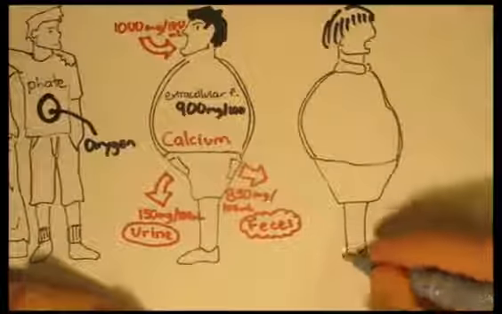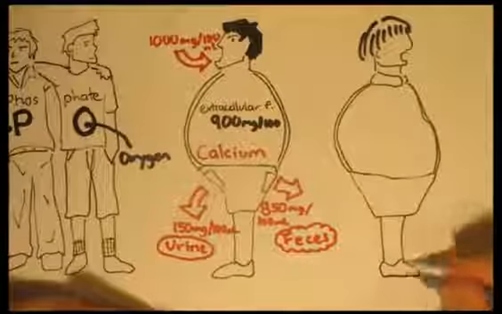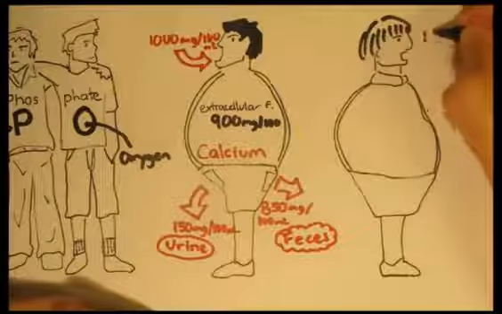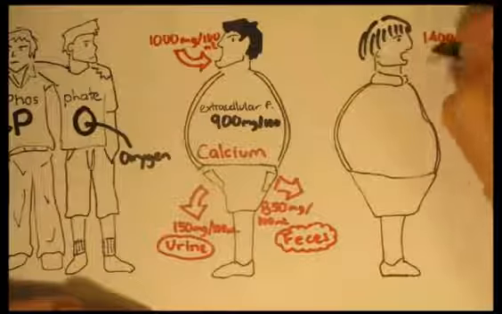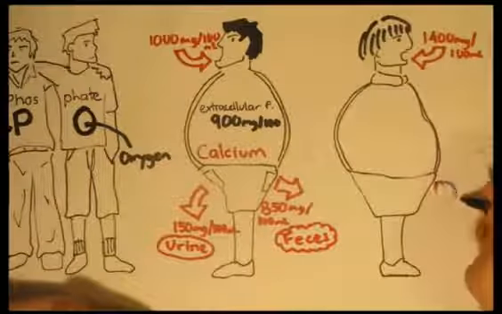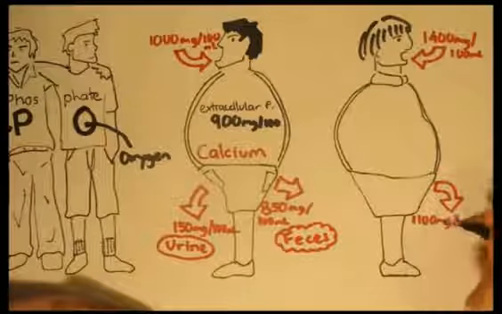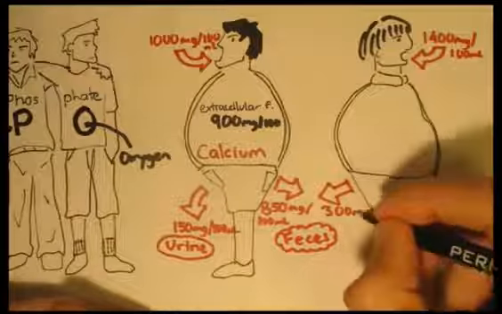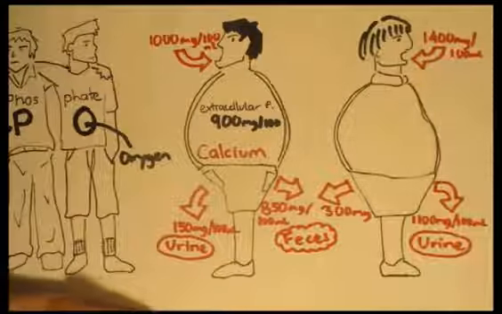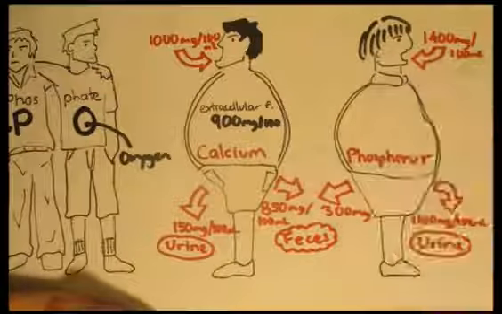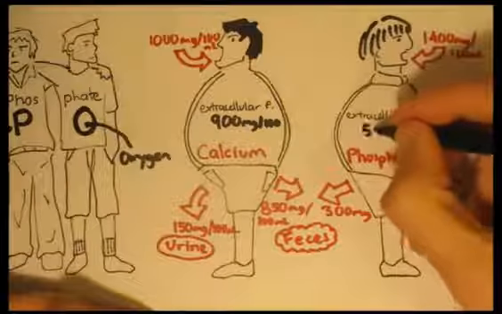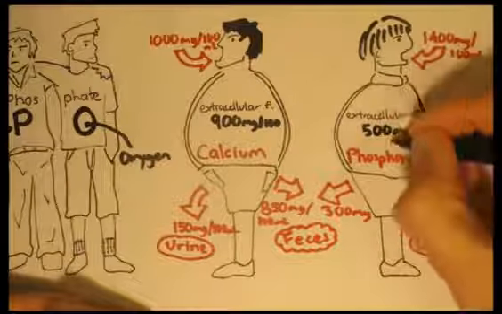Now, phosphorus, on the other hand, the daily consumption is about 1,400 milligrams. 1,100 is secreted as urine, and 300 milligrams as feces. The extracellular fluid contains approximately 500 milligrams of phosphorus, which exchanges with the bones and cells of the body.